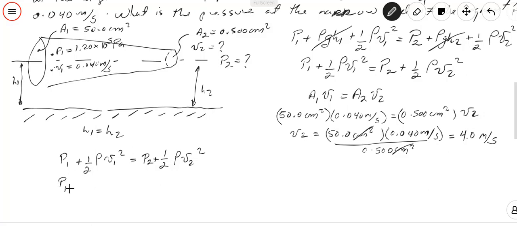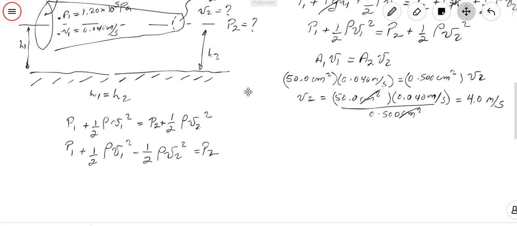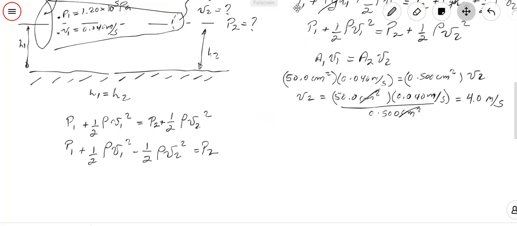So I get P1 plus 1 over 2 rho v1 squared minus 1 over 2 rho v2 squared, and this is equal to the pressure 2. I will take 1 over 2 rho as a common factor. So P1 plus 1 over 2 rho times v1 squared minus v2 squared is equal to the pressure at point 2.